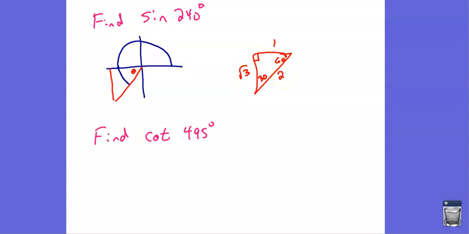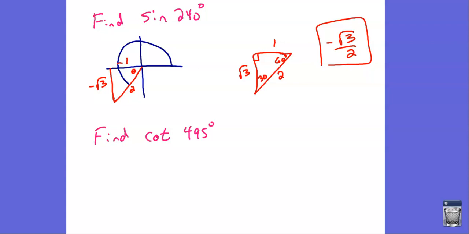Now remember, it's in the third quadrant, so this is actually -1, this is negative square root of 3, and the hypotenuse is always a positive length. Remember sine is opposite over hypotenuse, so this will be negative square root of 3 over 2.